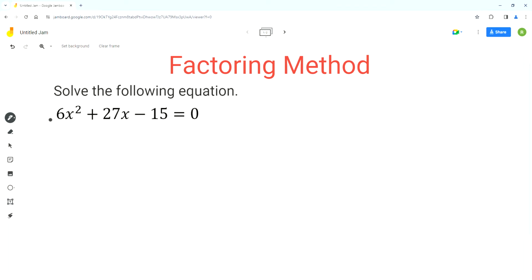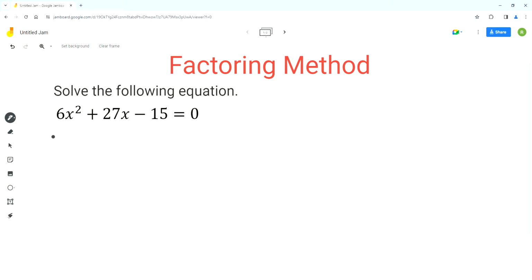Now this is a complex trinomial because the coefficient of the x squared term is not equal to 1. It is 6. Now before we use the trinomial method for this complex trinomial, we'll have to do common factoring. 6, 27 and 15. Now we can reduce these numbers by common factoring 3 from all 3 terms.